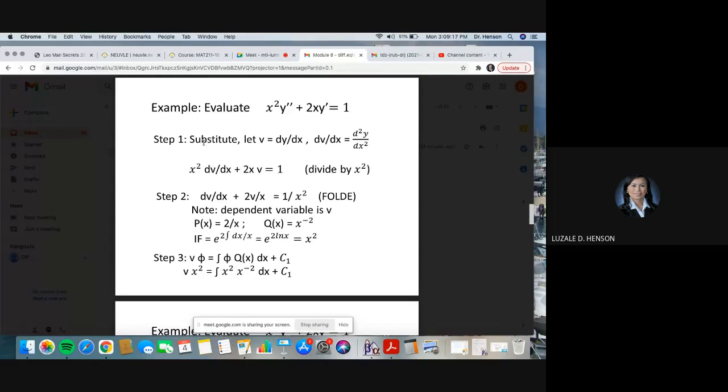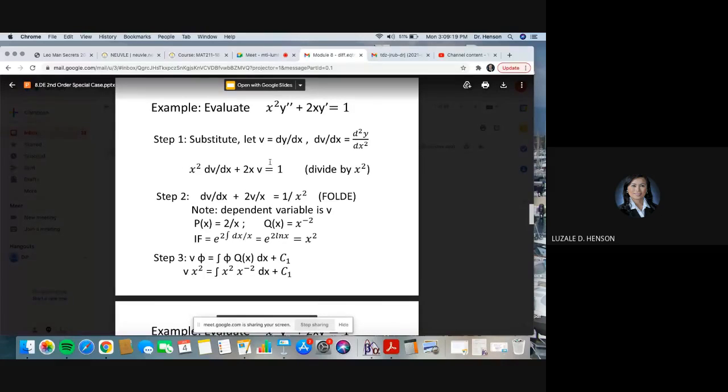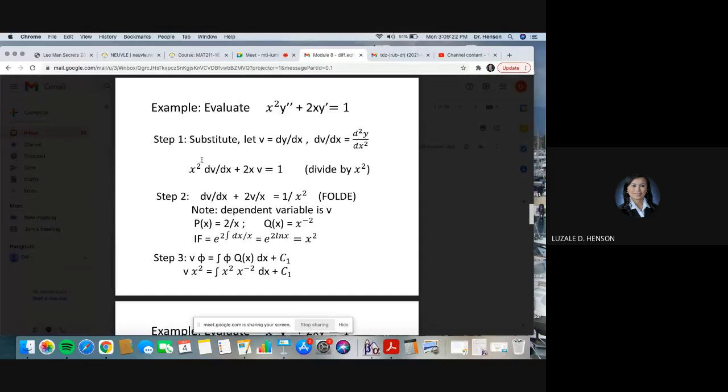Notice it fits the description, no? So you can write instead the integral, because these two terms are actually the derivative of x squared times v.